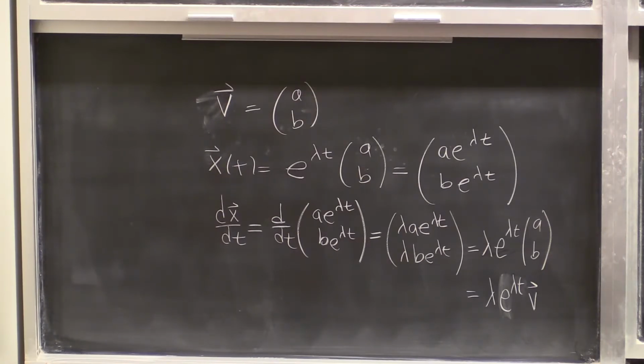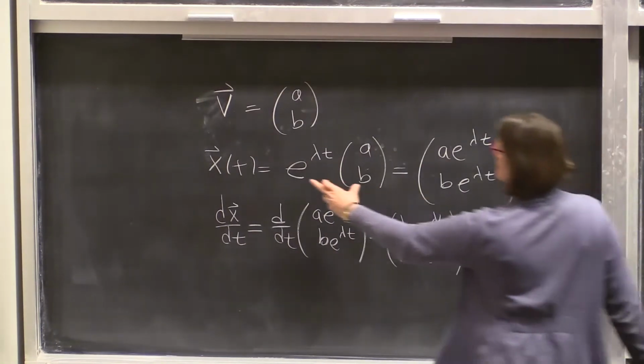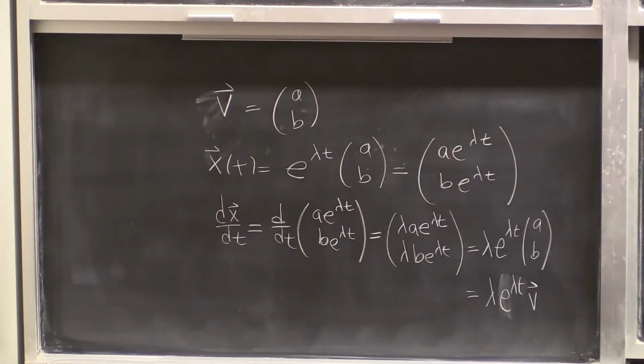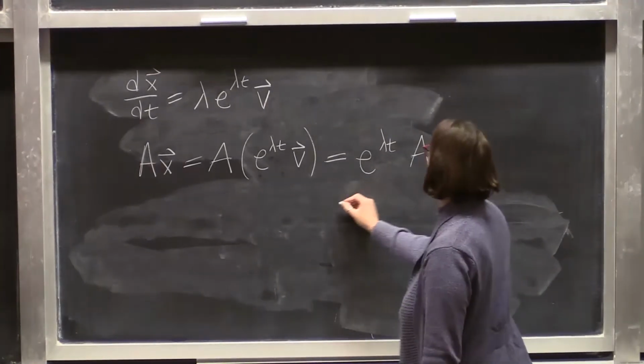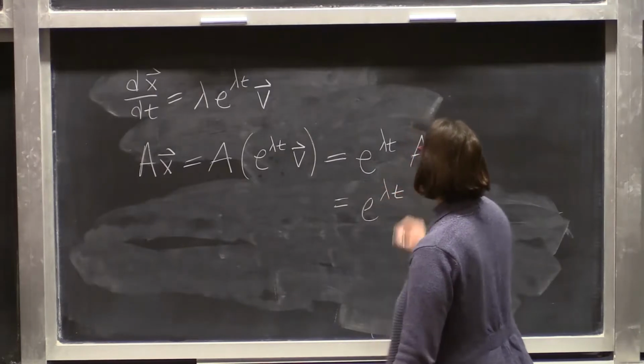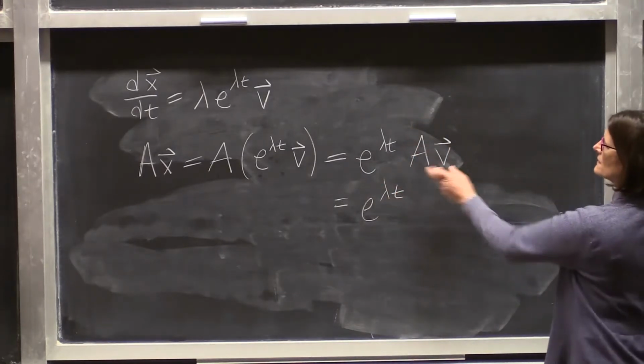Now, A times x is A times e^(lambda t) times v. A is a matrix. e^(lambda t), is that a vector or a number? It's a number, so it can come out. So here I have A times v. What is A times v?